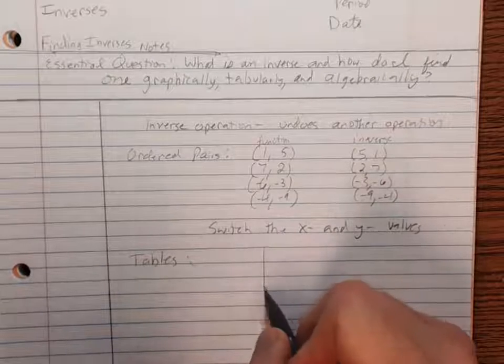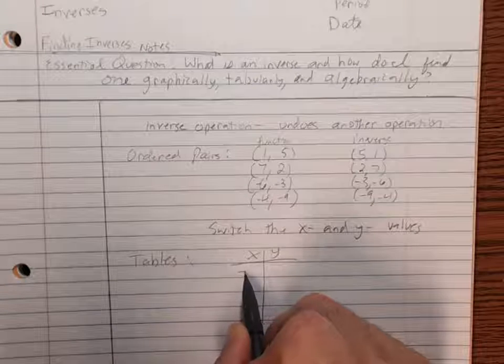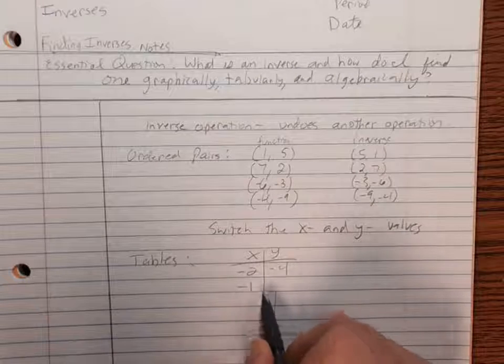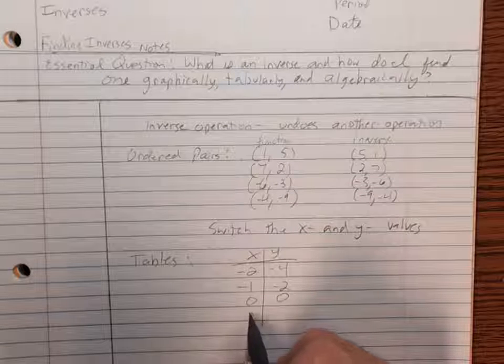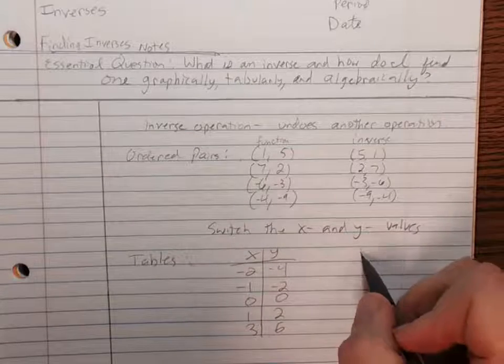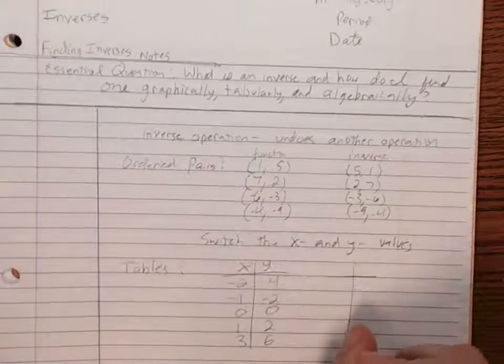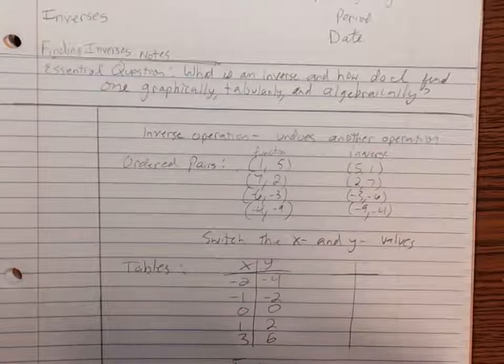So if I gave you a table with points on it, like let's do (-2, -4), (-1, -2), (0, 0), I don't know, (1, 2), (3, 6). All right, so that's the function. We'll call this the function.